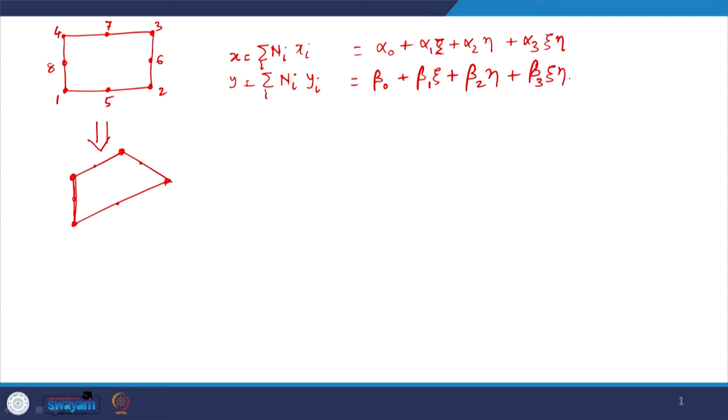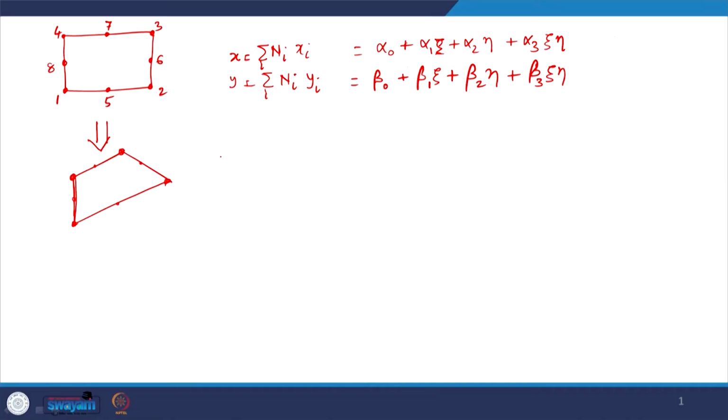And if the displacement has to be second degree complete, u as a function of x and y will be equal to C 0 plus C 1 x plus C 2 y plus C 3 x square plus C 4 x y plus C 5 y square.